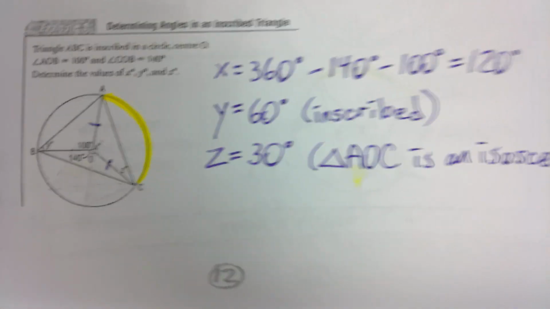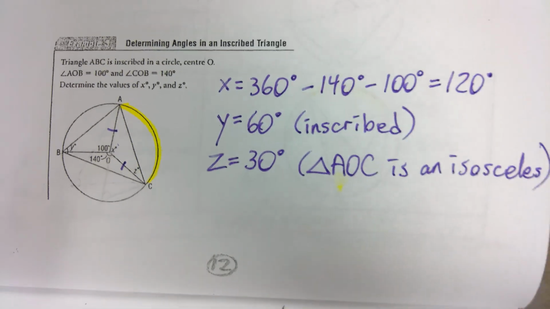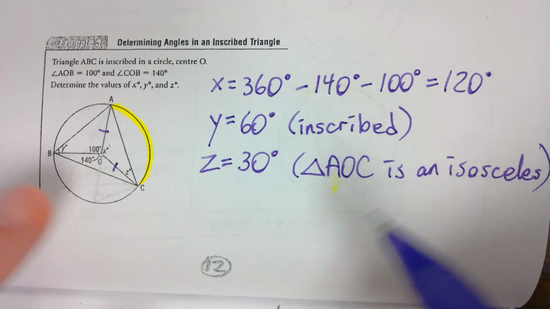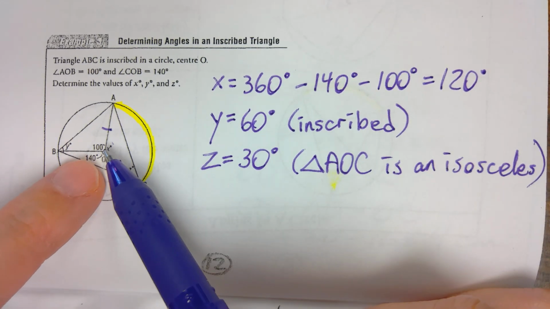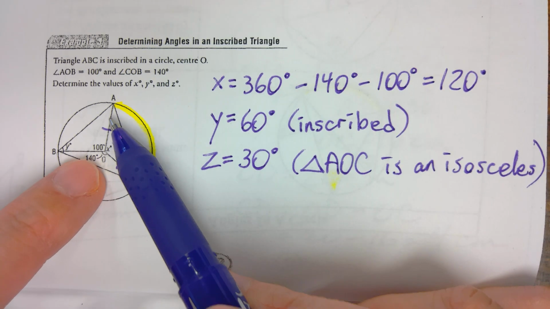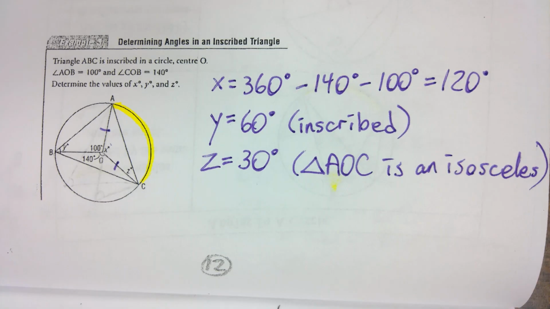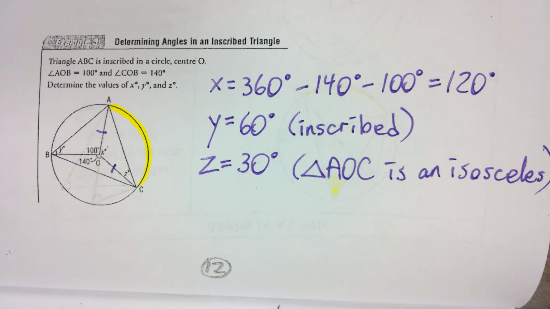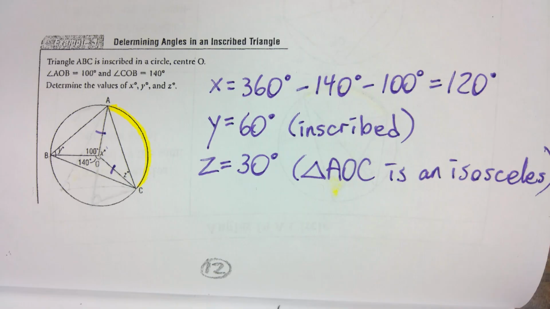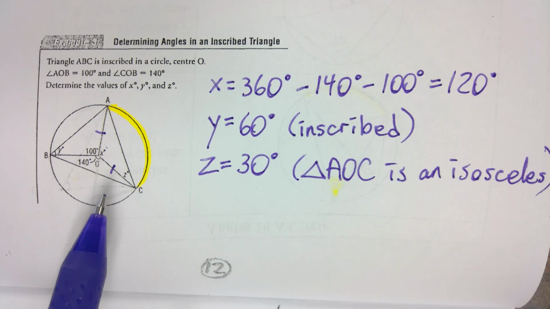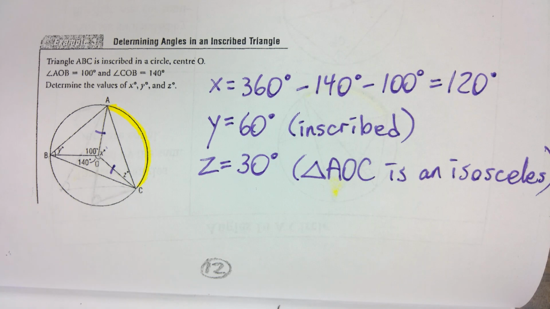That's how you spell isosceles. If I know that x is 120, then 180 minus 120 is 60, split it between these two angles, which are the same, you get 30. So the trick right here is recognizing that AO and CO are equal because they're the radius.